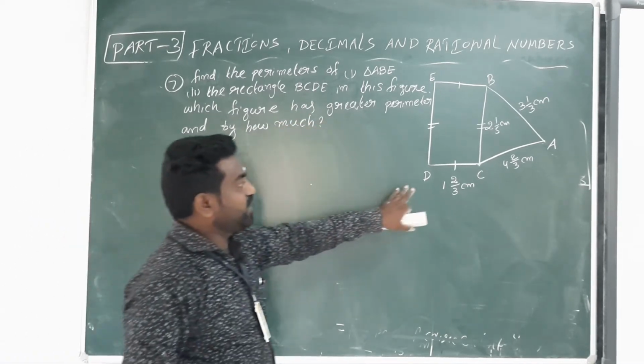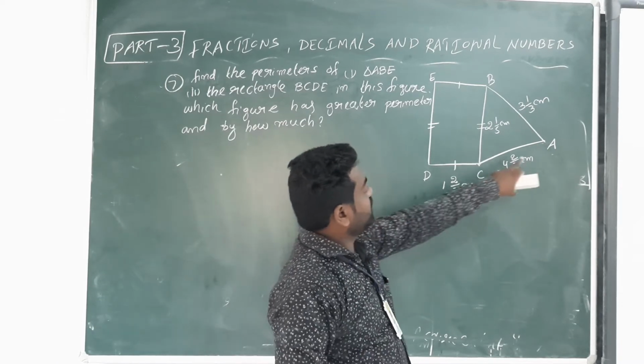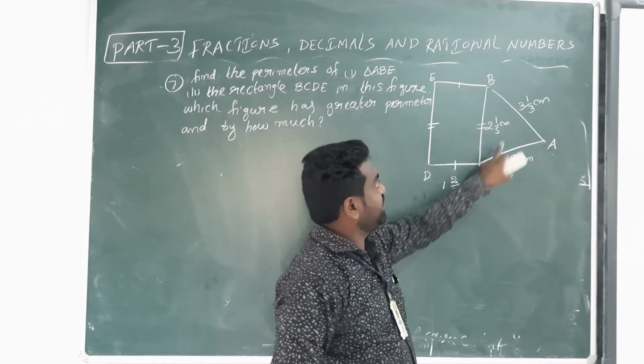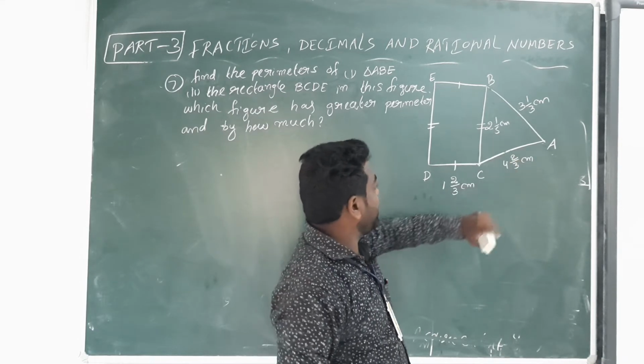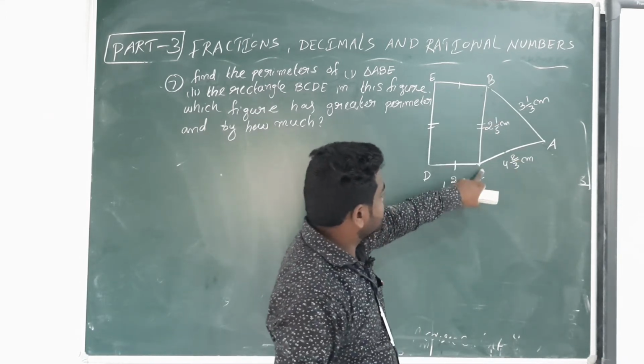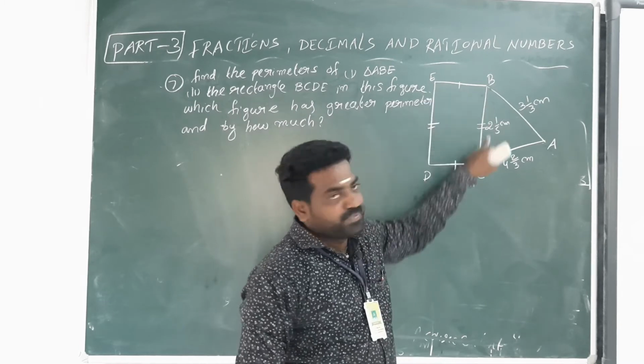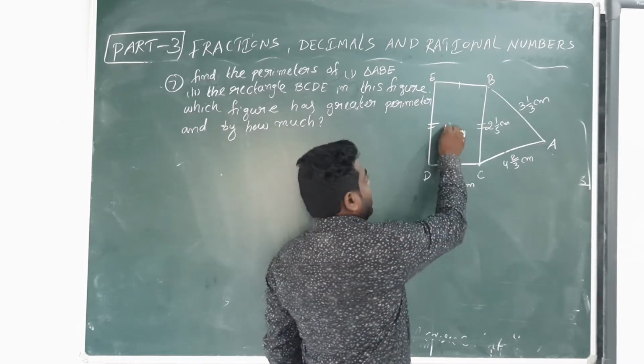Okay, first we observe the figure. ABE is a triangle. BCDE is a rectangle.